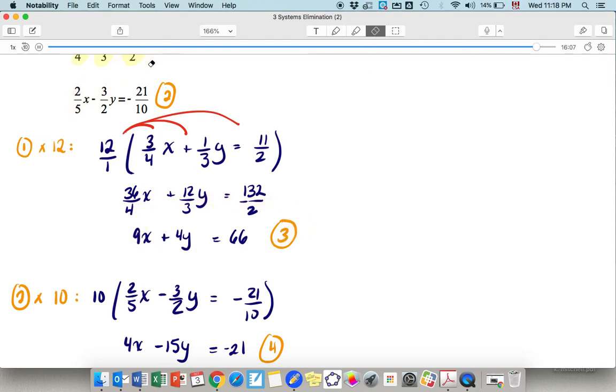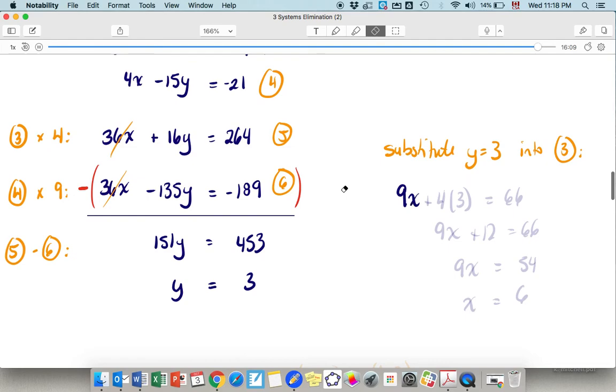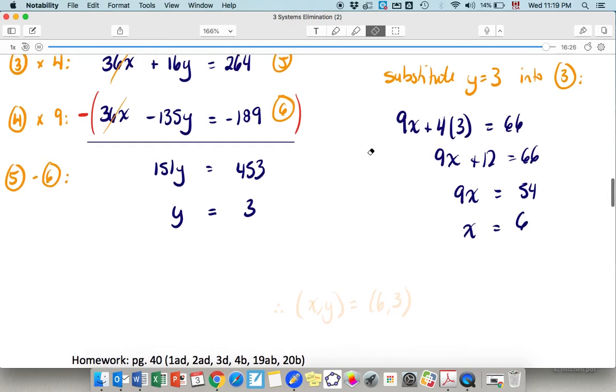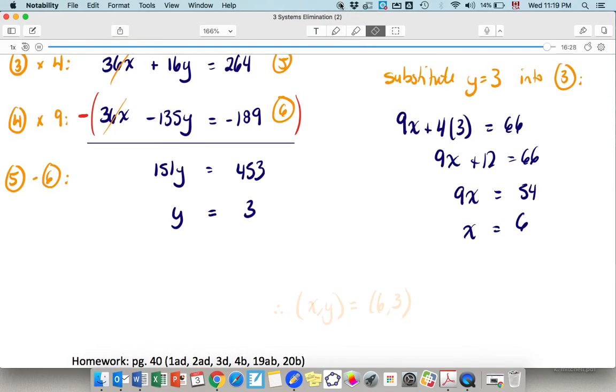My equation 3 was 9x plus 4 times 3 equals, we said, 66. So I have 9x plus 12 equals 66. 9x equals 54, or x equals 6. And all that to get that our answer is 6, 3. And that's it. There's solving by elimination.